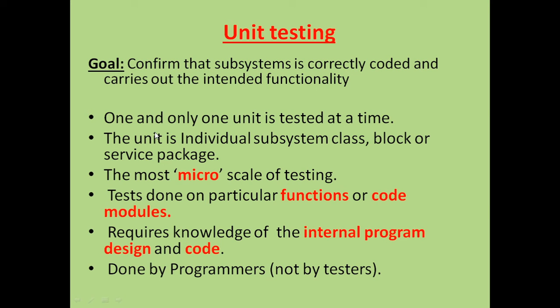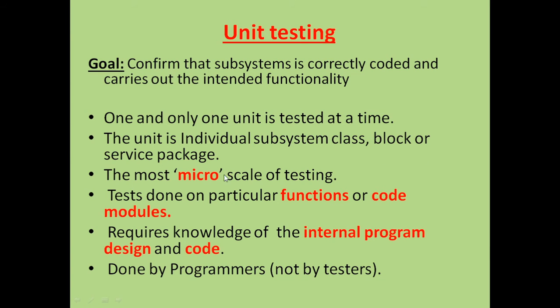At a time, only a single unit is tested and the developer tests it himself. In object-oriented analysis and design, a unit is typically a subsystem or a class, a block, or a service package. Initially it can be a class, and then a block, and then further a service package.